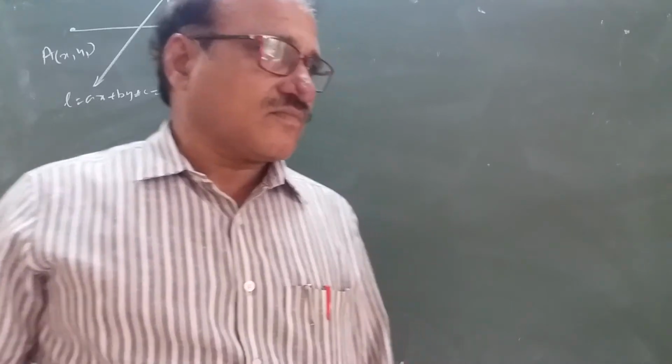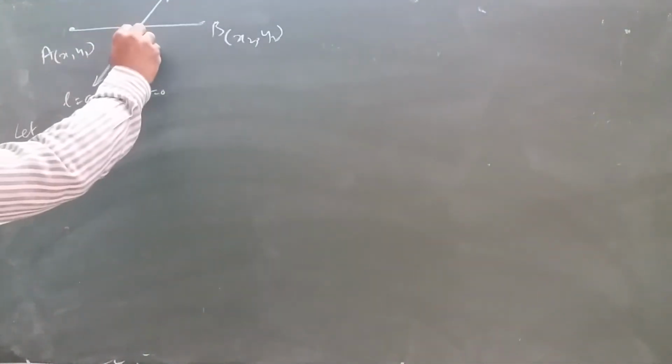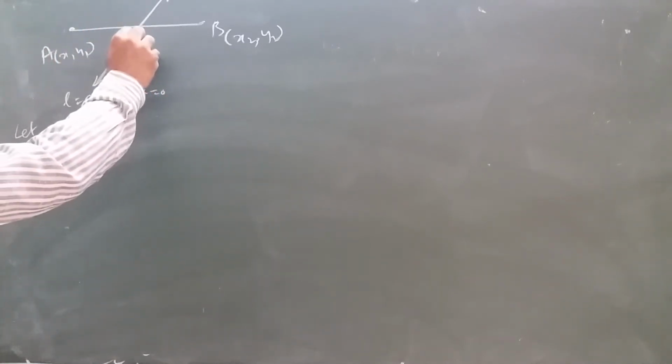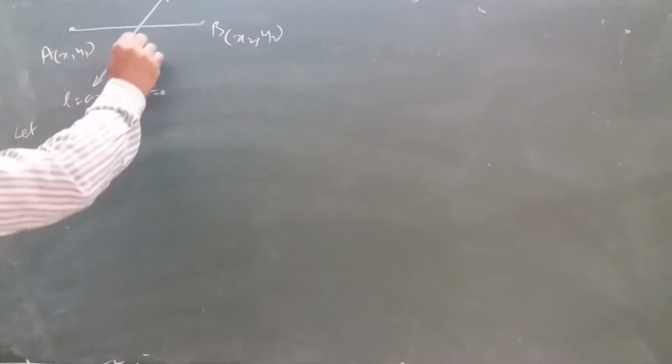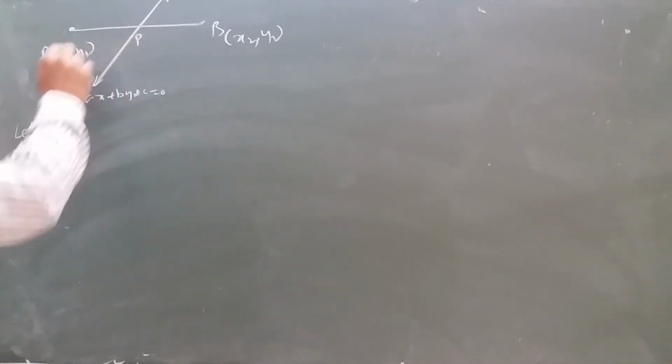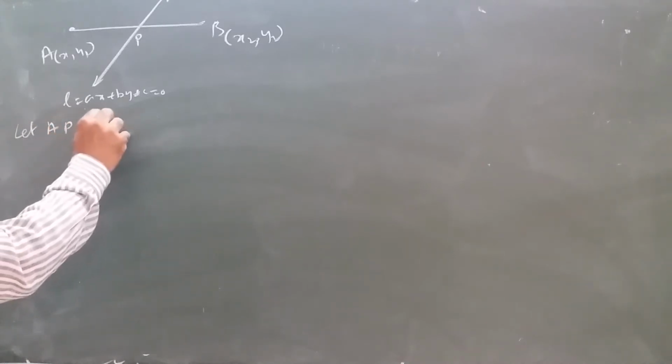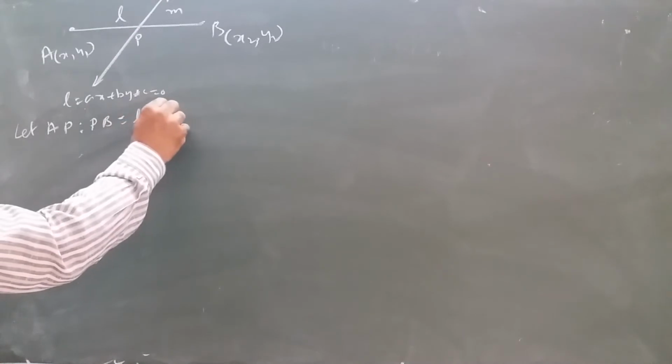It is a theorem. Let's suppose the intersecting point of L and AB is P. Then let AP is to PB equal to l is to m.